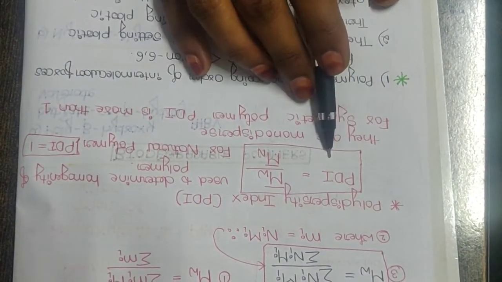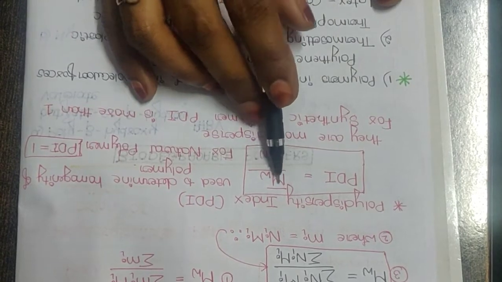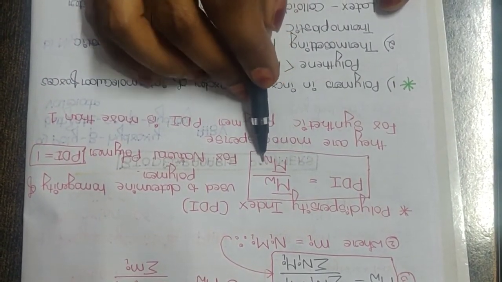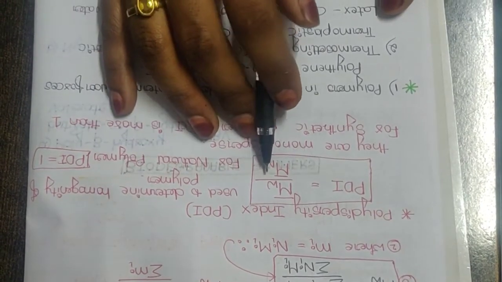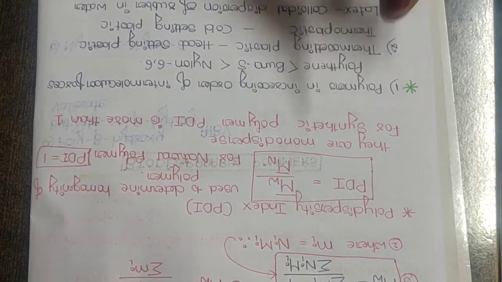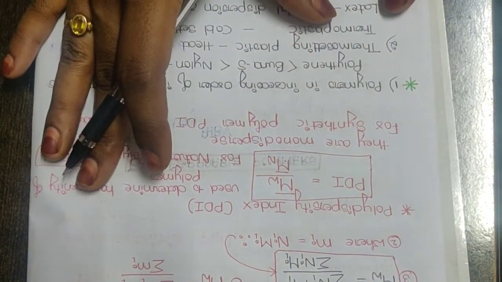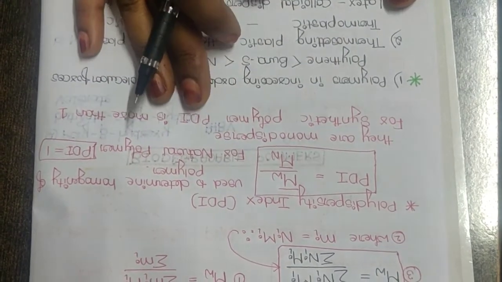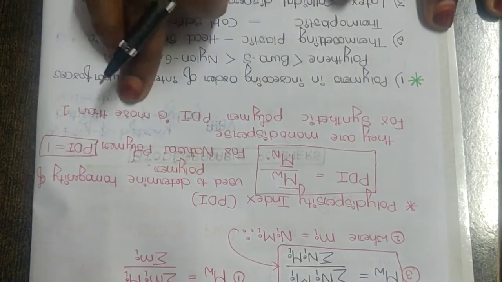By using a formula, PDI is equal to weight average molecular mass divided by number average molecular mass. And do remember, for any natural polymer, the PDI value is exactly equal to 1. Whereas for synthetic polymer, the PDI value is always more than 1.